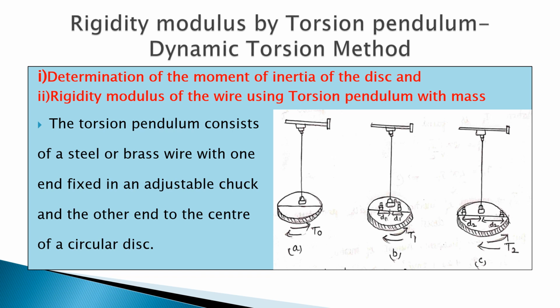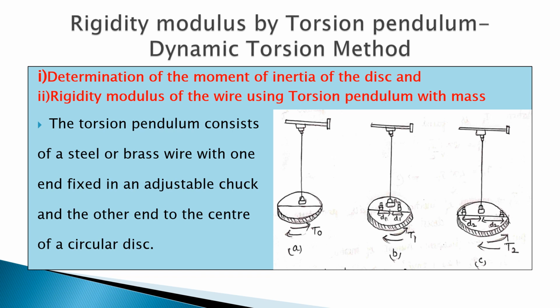In the third segment, the 2 cylindrical masses will be kept at a long distance between each other, almost near the edge of the disc. The distance is taken as d2. Now the disc is made to undergo oscillation and the time period is taken as T2. So we are going to find 3 different time periods of oscillation: T0, T1 and T2.